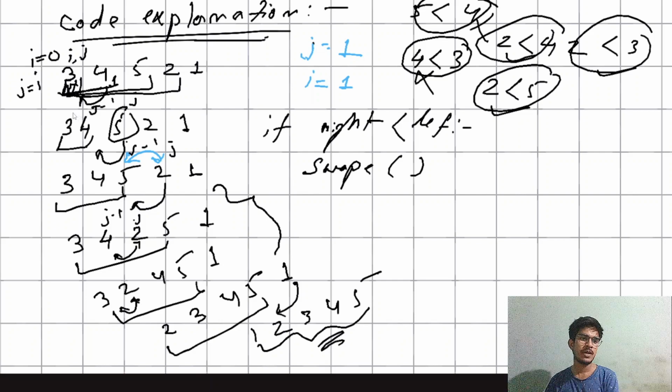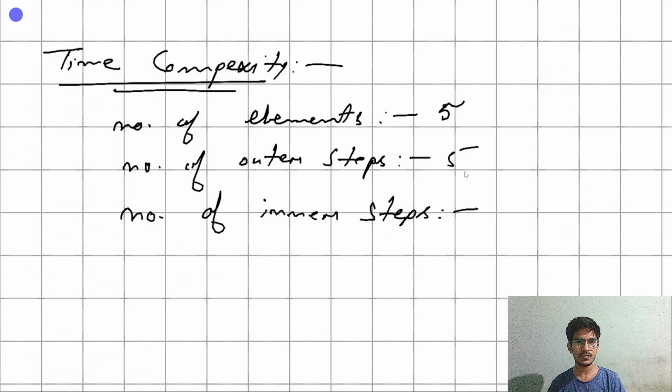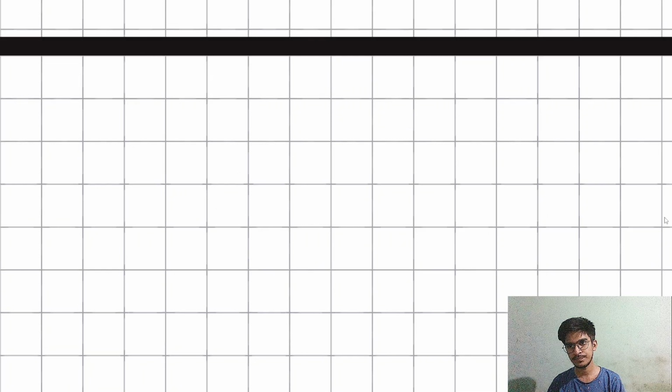Actually it depends, but in the worst case it will be 1, 2, 3, 4, and up to n minus 1 elements, because the last one will be traversed to the front, basically 4 places, so it will be n minus 1. So the inner steps is 1 plus 2 plus 3 up to n minus 1.